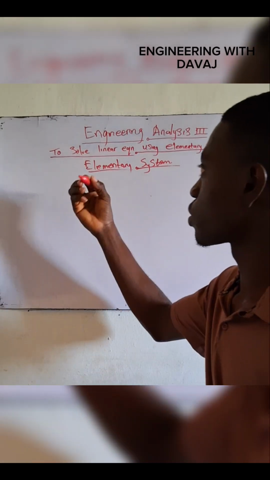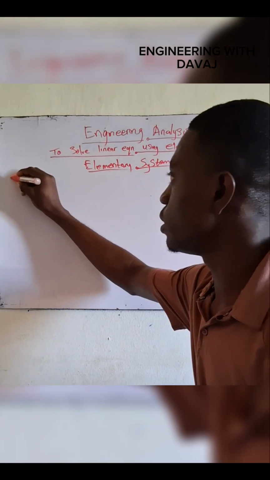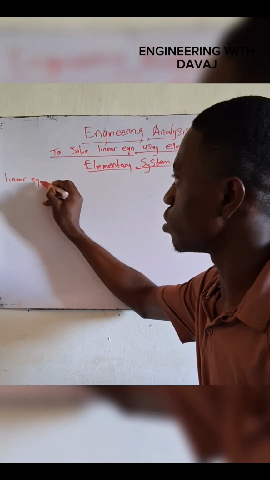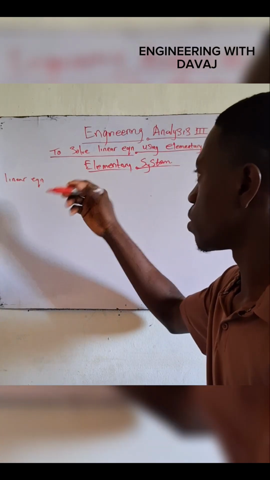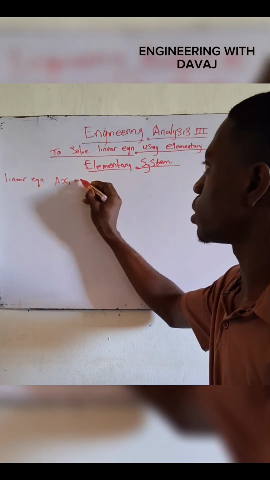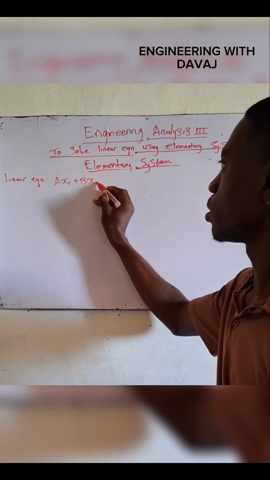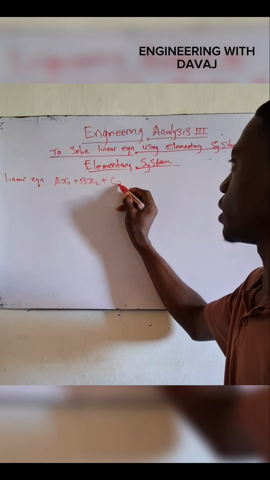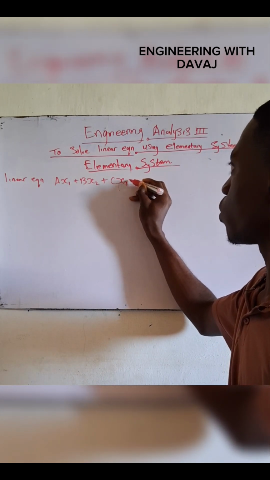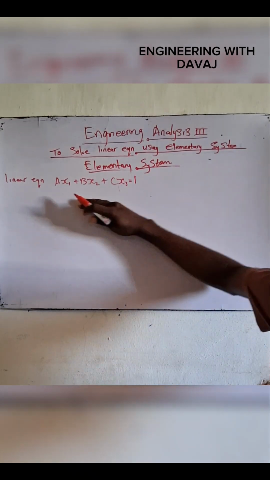So what do we call a linear equation? This is called a linear equation. Let's say we have ax1 plus bx2 plus cx3 equals 1. So this is a linear equation.